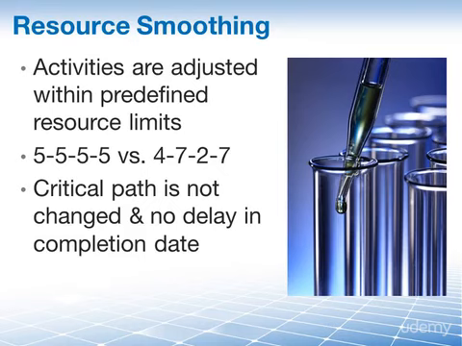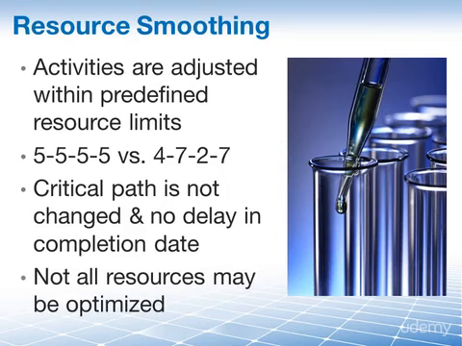This means that when you use resource smoothing, the schedule network activities may only be delayed within their total float and their free float, and because of this, not all resources may be optimized using this technique. Remember, resource smoothing helps keep resource usage at a constant and consistent level throughout the project.